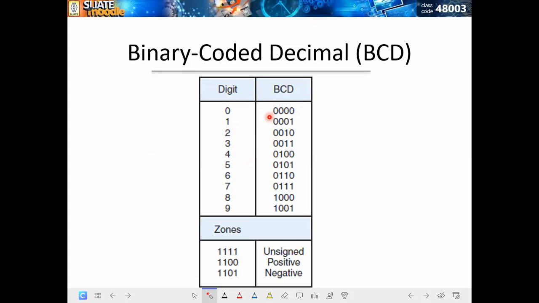Can you remember hexadecimal? When we convert a hexadecimal to binary, we represent each digit with 4 bits. So if you write the binary values for hexadecimal digits 0 to 9, that is the binary coded decimal we can use. Or you can easily remember this: you have to represent each number in 4 binary digits, right?